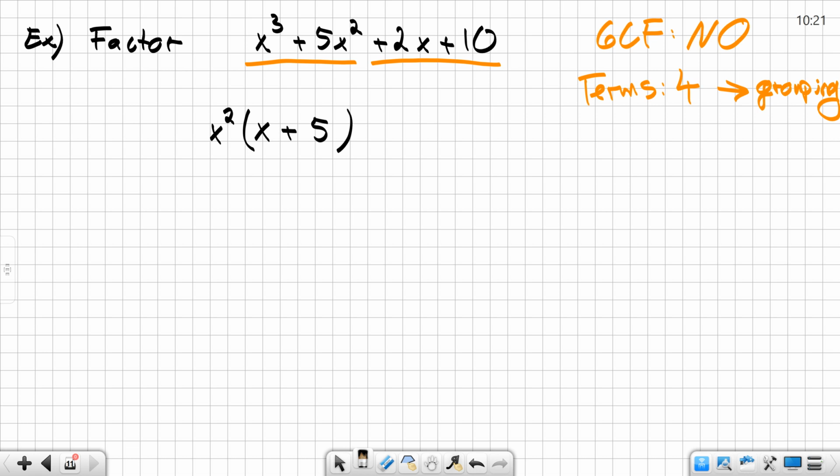Now, observe what happens if I look at the second group, 2x plus 10. Both of these have a common factor of 2, and I will factor that out. 2x, take the 2 out, you're left with the x. 10, take the 2 out as a factor, you're left with a 5.